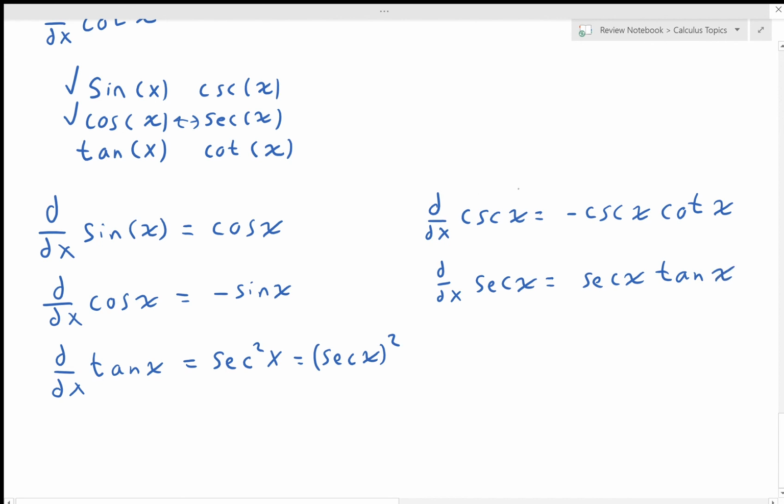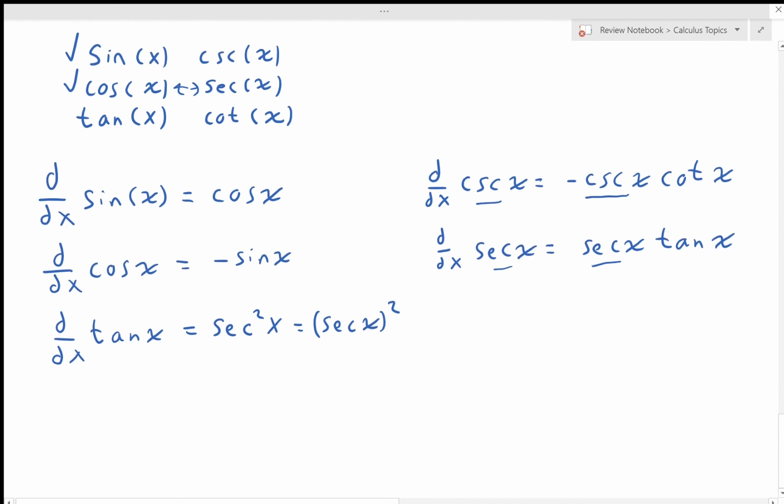So we see here that the derivative of cosecant is found here and the derivative of secant is found there with either the cotangent or the tangent function. So maybe that would help you recognize a little pattern that you could use. And then you have the derivative of cotangent x. It's kind of similar to our tangent x, which would be negative cosecant squared x, which is the same as cosecant x in parentheses, squared.